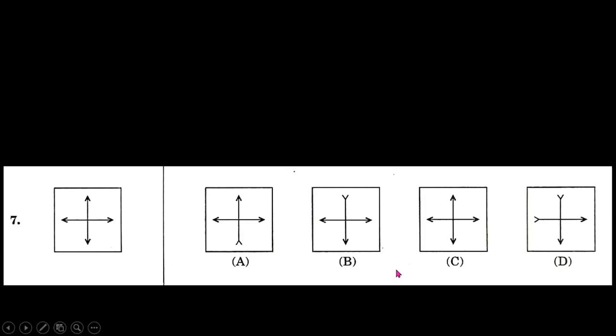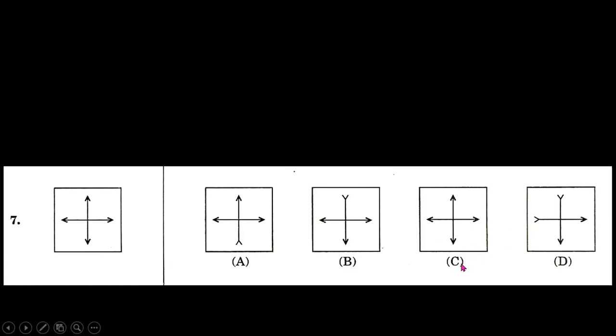Now we will move to the answer figure B. Here also these 3 arrow marks are pointing outward and this arrow mark at the top is directed inward. So this does not match with the question figure.